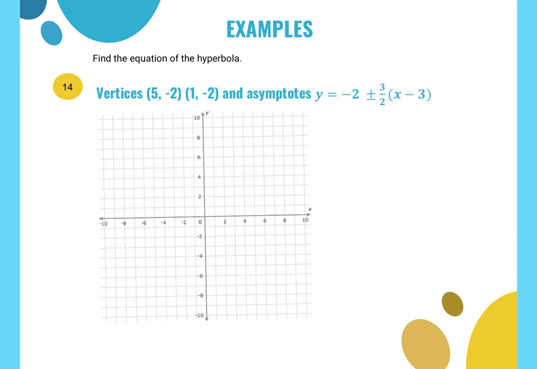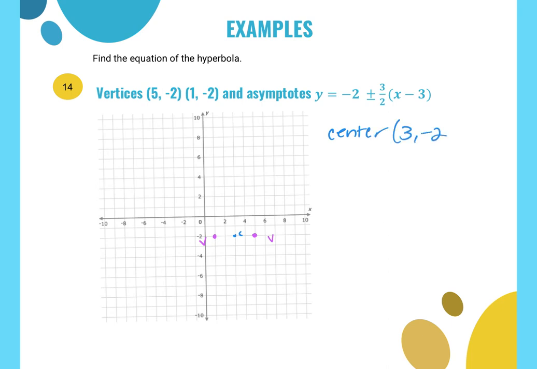All right. So vertices are the first thing given. 5, -2, and 1, -2. What do we know? Good. Center is now not at 0 anymore. That center is at 3, -2.